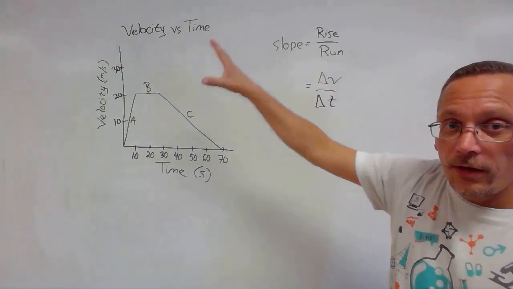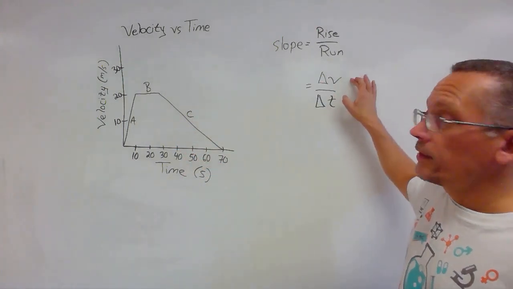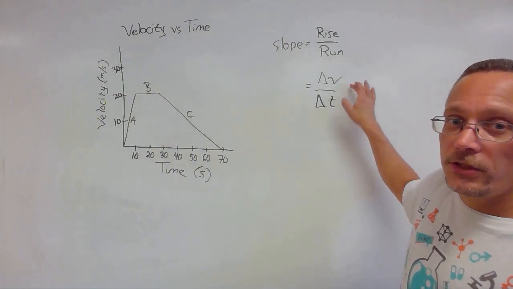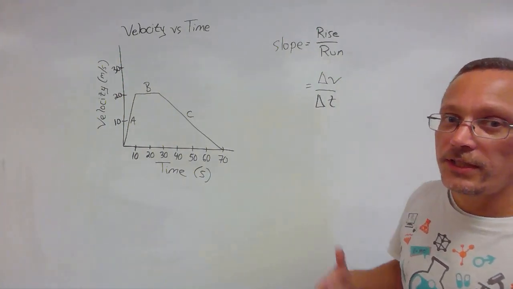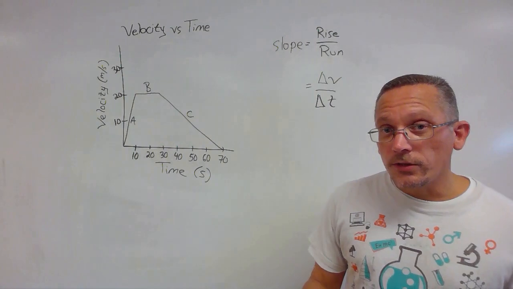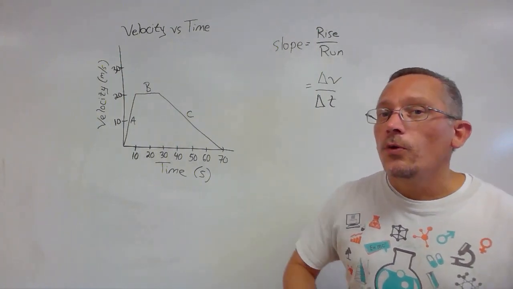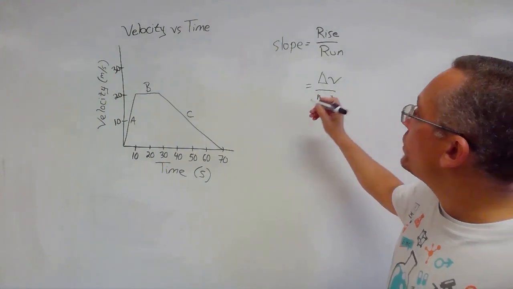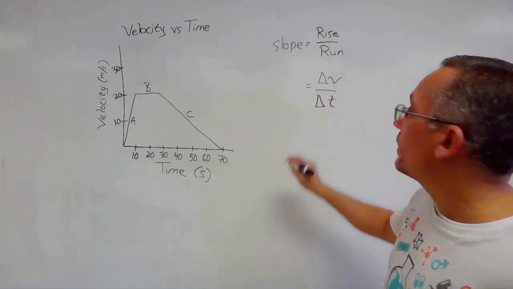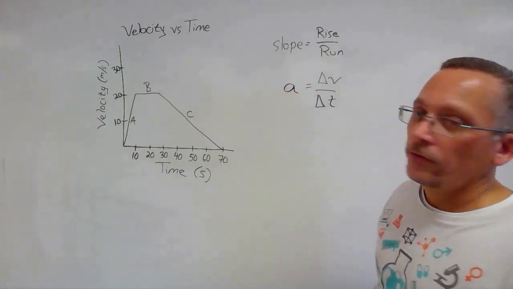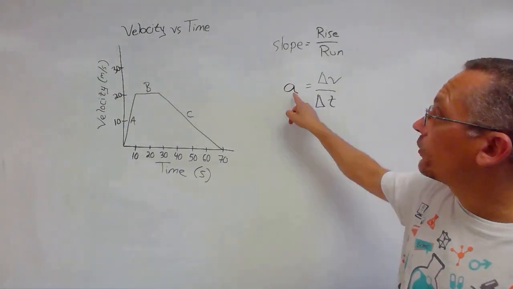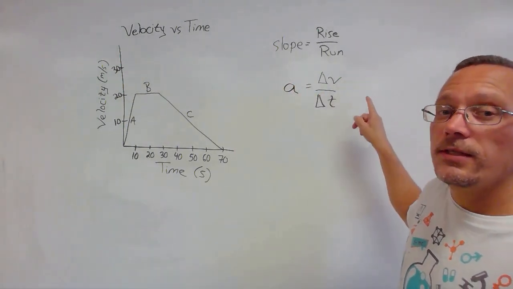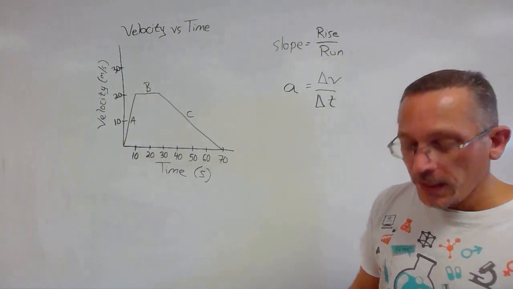So the slope of the line on our graph is delta v over delta t. It's the change in velocity over the change in time. And we give this a special name, a special meaning. We call this the acceleration. So for acceleration, we use the lowercase a. The acceleration is the change in velocity divided by the change in time.